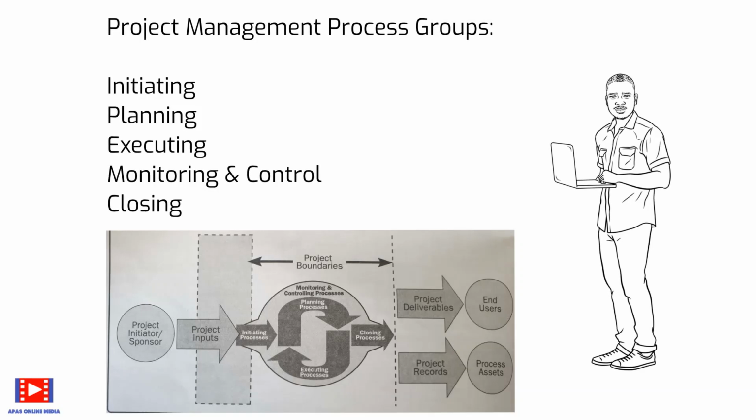Then it moves on to monitoring and control of all the processes, and then finally it reaches the closing process. And then the project deliverables and the project records are obtained, which could be in tune with the end users as well as process assets.